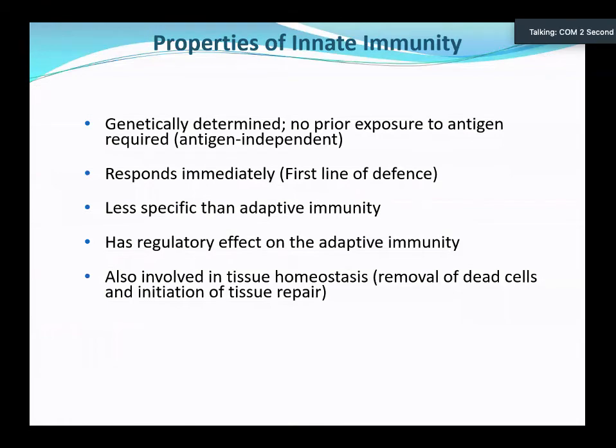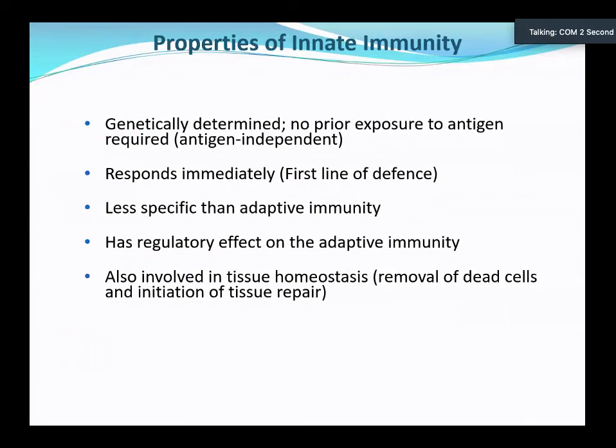But nevertheless, even though we make this delineation of first line, unchanging innate immunity, always bear in mind that the two arms, the innate and the adaptive, are in very close communication with each other.